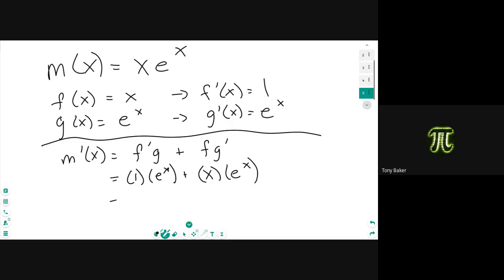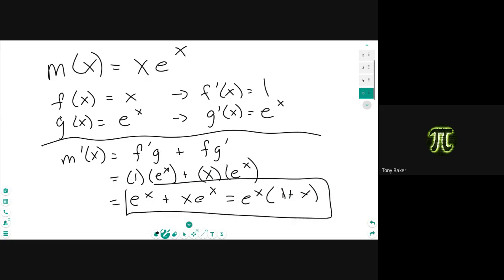So we multiply these out, we get e to the x plus x e to the x, which we could factor out the e to the x if we want, and have that. So either of those would be cool.